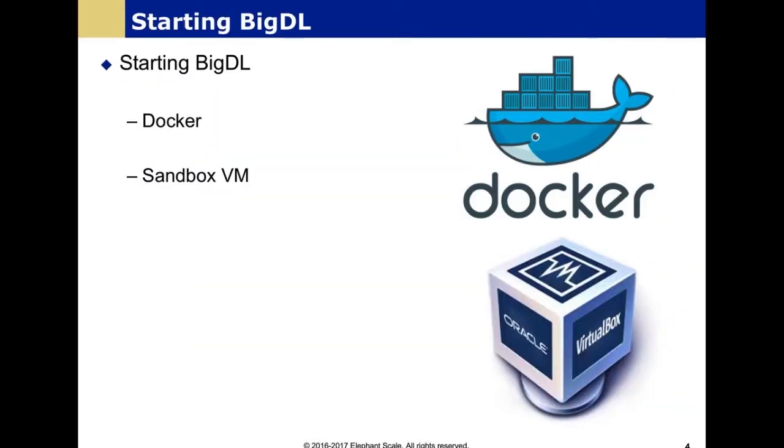Okay, so now we're going to discuss how to run the Elephant Scale Sandbox VM. Now, we've already talked about Docker, but for some, Docker may not be the most appropriate option, because those running on some platforms, for example the Windows platform, may find that their version of Windows does not support Docker.